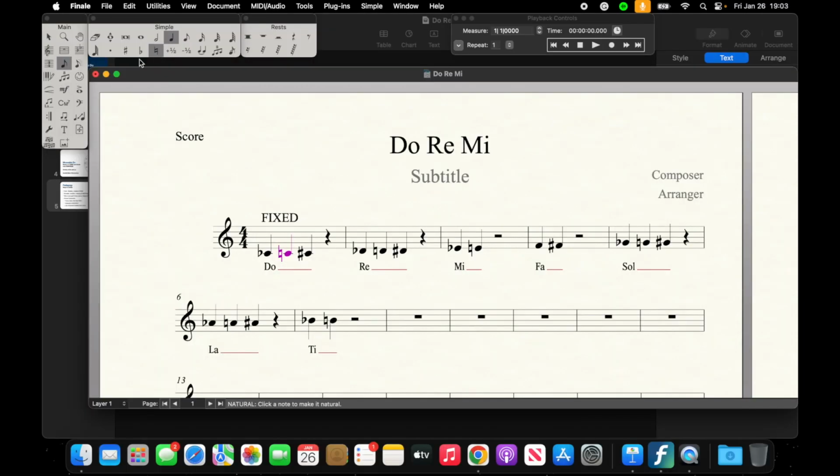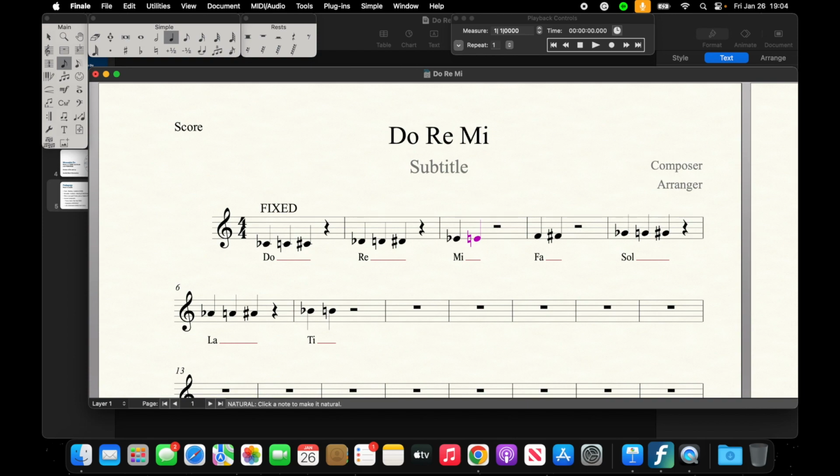All right, so let's get to something practical here. If I have fixed do, do could be this, it could be this, it could be this. Re could be, mi could be. You get the point.